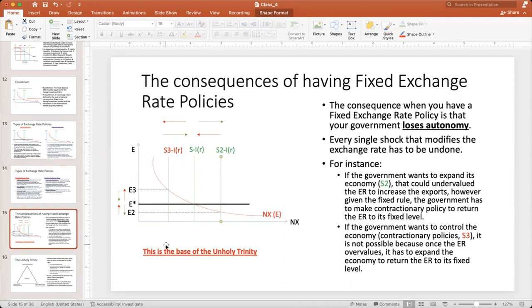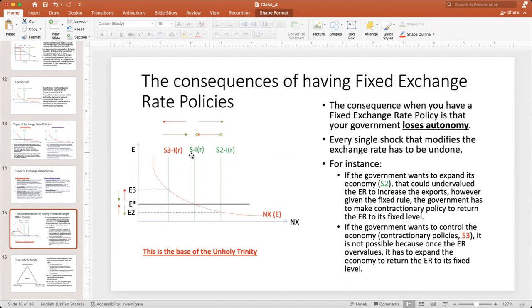However, given that we are in a fixed exchange rate, they have to intervene immediately and reverse the expansionary policy with a contractionary policy.